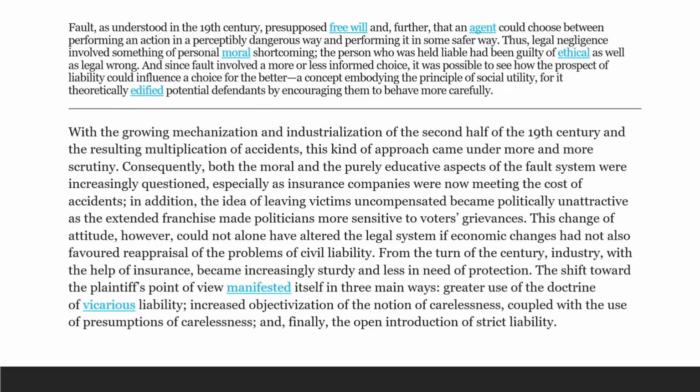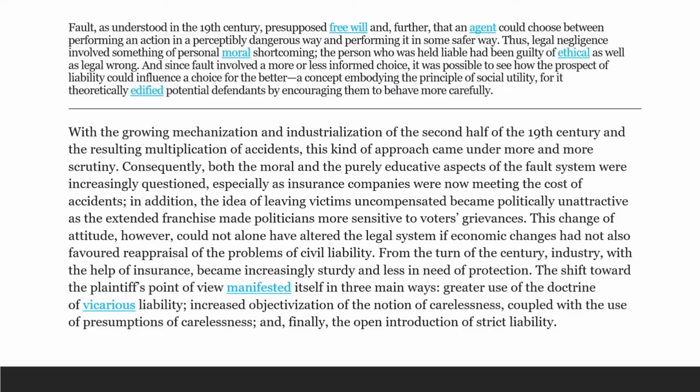With the growing mechanization and industrialization of the second half of the 19th century and the resulting multiplication of accidents, this kind of approach came under more and more scrutiny. Consequently, both the moral and the purely educative aspects of the fault system were increasingly questioned, especially as insurance companies were now meeting the cost of accidents.